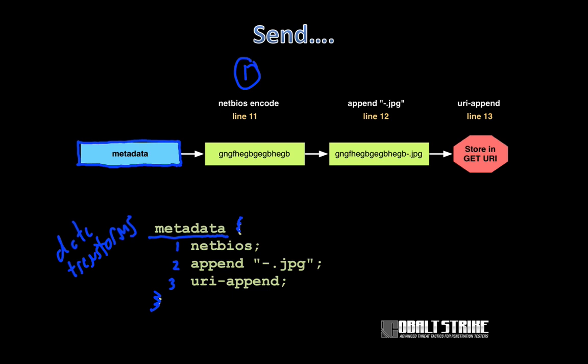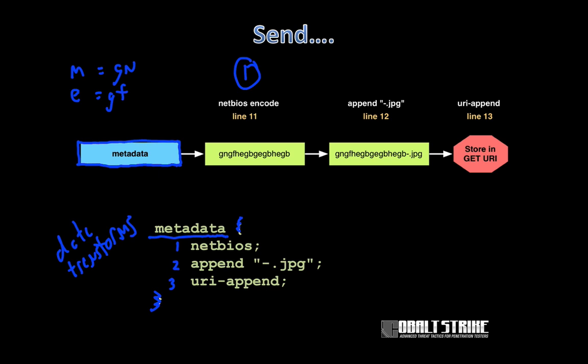NetBIOS encode is a way of taking a single byte and representing it with 2 characters in the English alphabet, or the Roman alphabet. And that's how that works. So you've got GN is M, E is GF, etc.